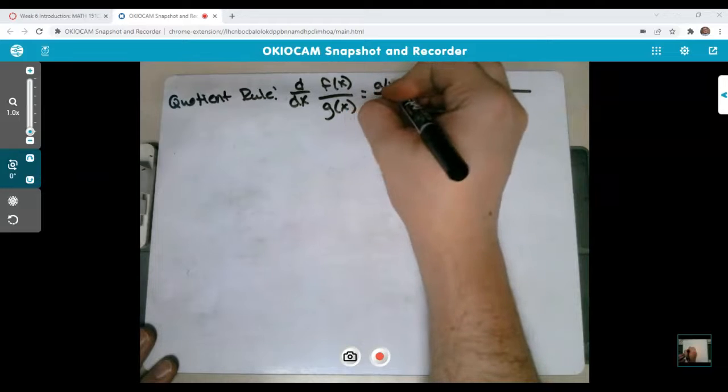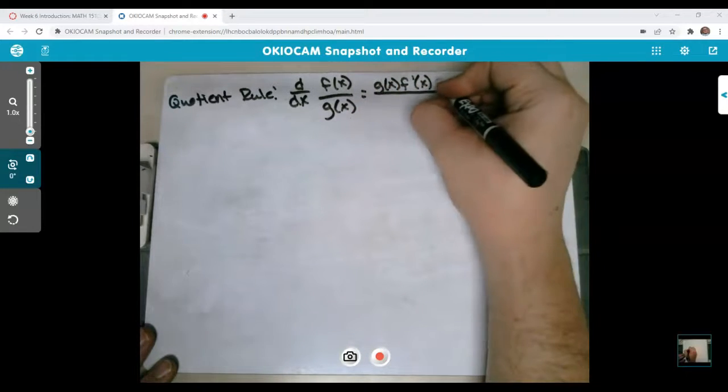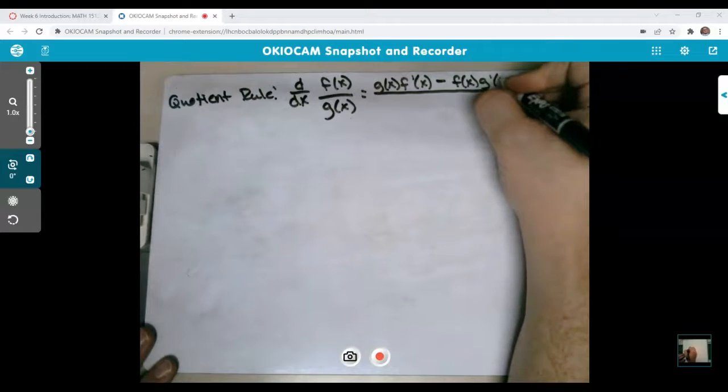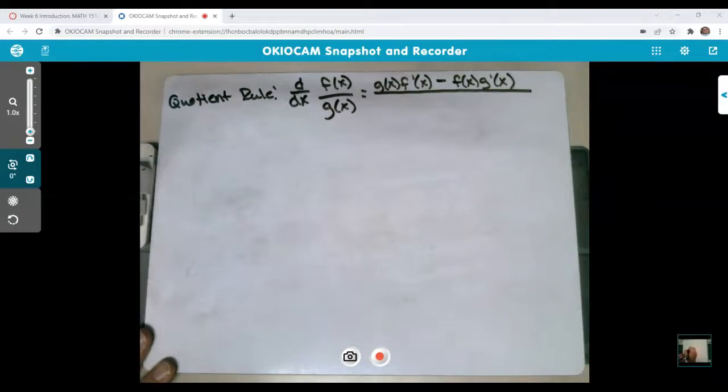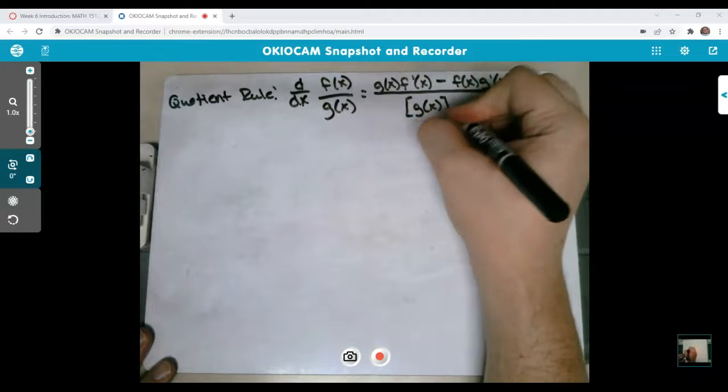The bottom times the derivative of the top minus the top times the derivative of the bottom. All of that divided by the original denominator squared.